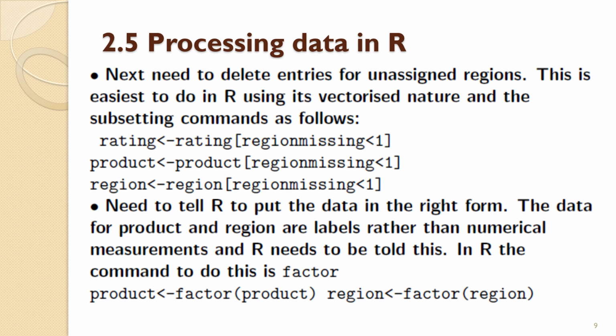In terms of processing the data in R then, the easiest way to do it is to use this fourth column which indicates if the region is missing. The idea is that this fourth column, region missing, gives you a value of 1 if the region is missing and 0 otherwise. So using the vectorized nature of R, what this is doing is saving the ratings values for precisely when you've got the regional data, and the same rhyme and reason below.